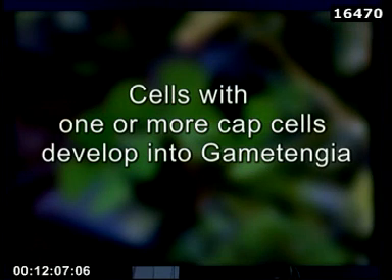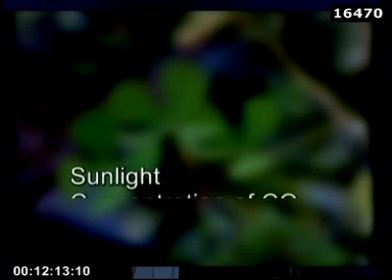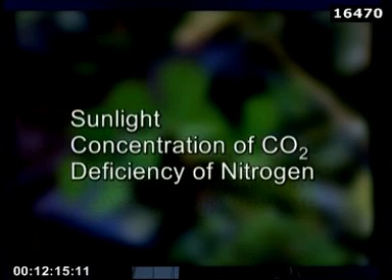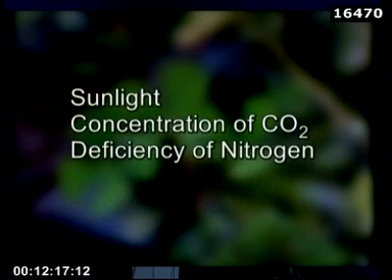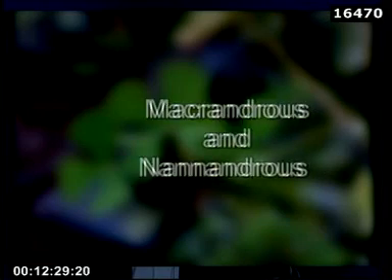Sexual reproduction in Oedogonium is determined by certain external factors such as sunlight, concentration of carbon dioxide, and the deficiency of nitrogen. Depending upon the distribution of sex organs, Oedogonium has been divided into two species, nannandrous species and macrandrous species.